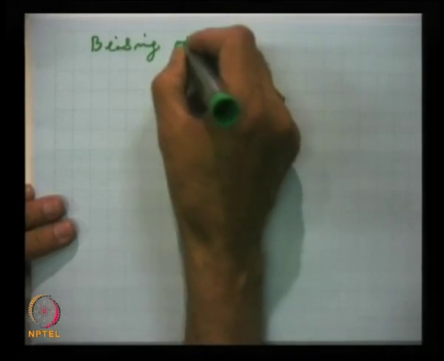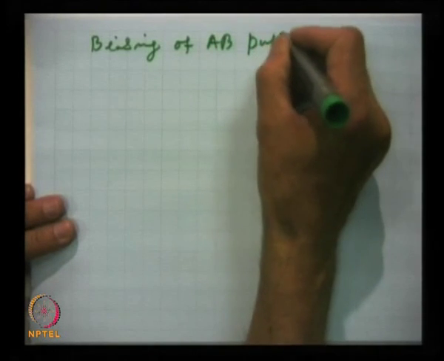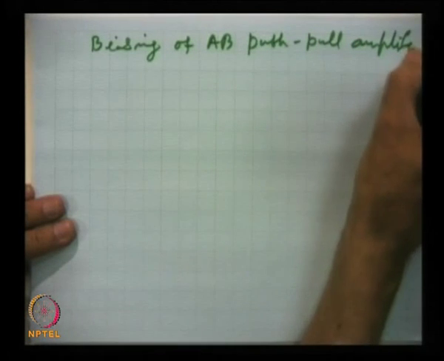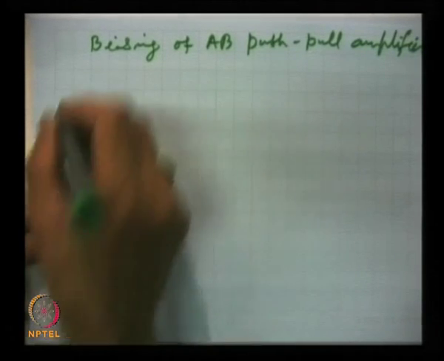Now, briefly we take biasing of class AB push-pull amplifiers. There are two methods for biasing.